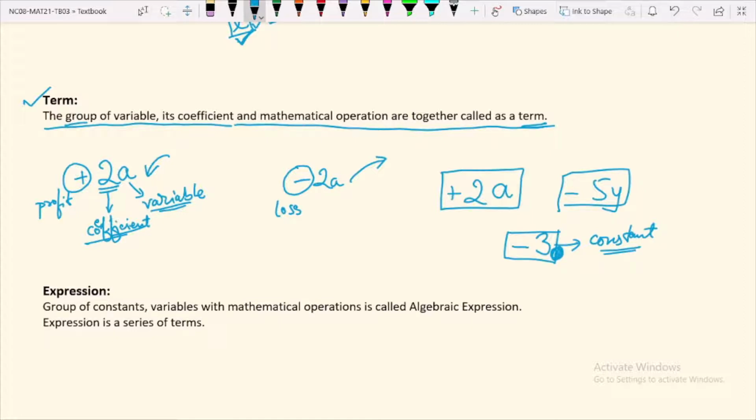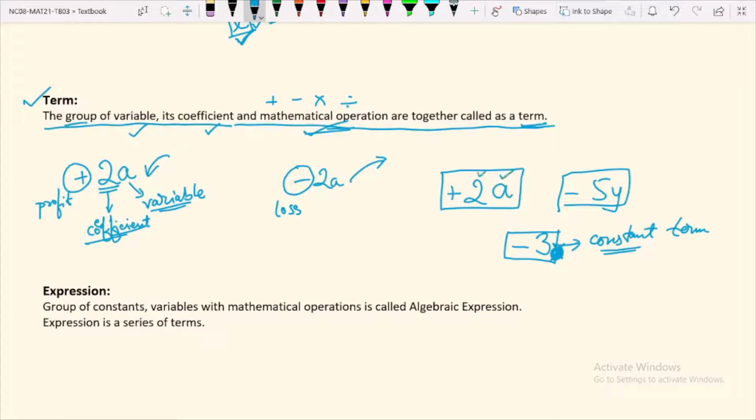If there is no variable, the term is called a constant term. So a term is nothing but a group of variable, coefficient and the mathematical operation. A mathematical operation can be addition, subtraction, multiplication or division.